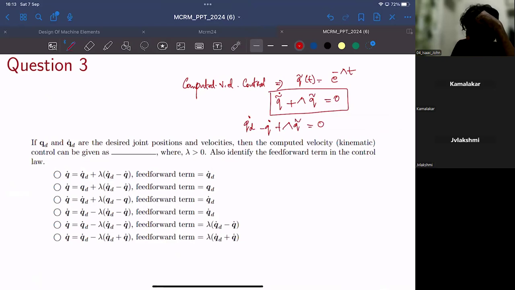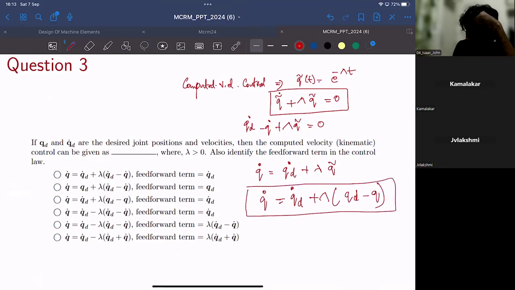And yeah, so q dot would be q_d dot plus lambda q tilde, or q dot would be q_d dot plus lambda multiplied by q_d minus q.